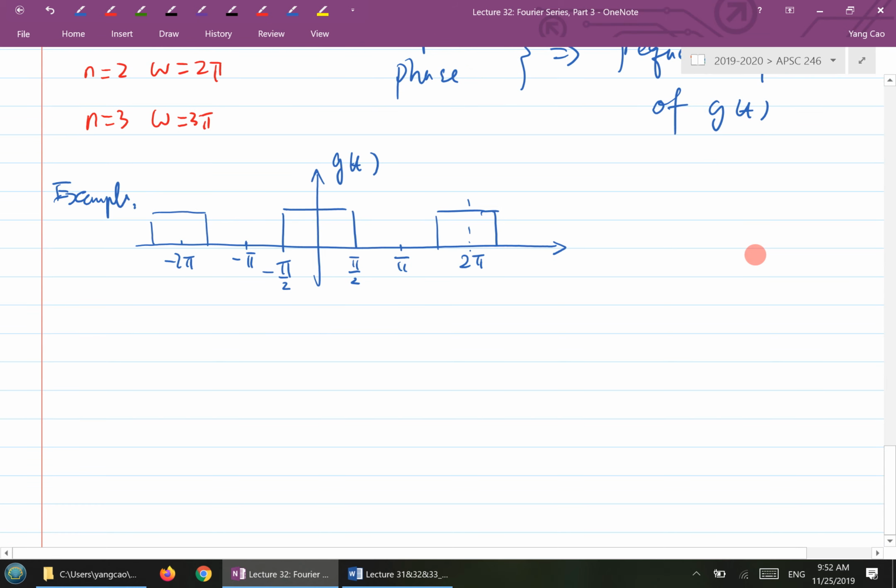And we're going to try to do the Fourier series for this periodic function.